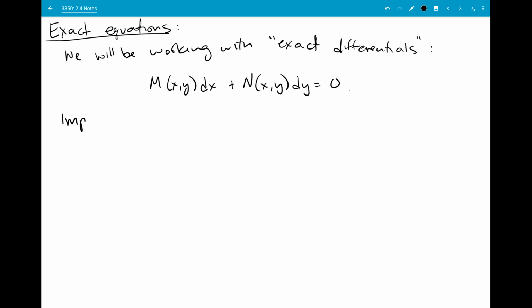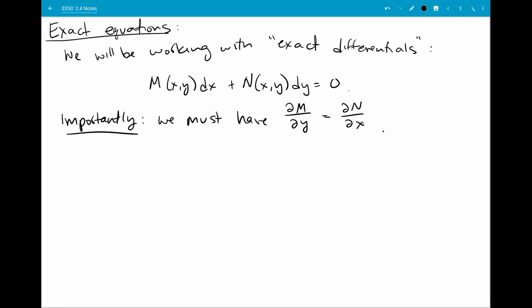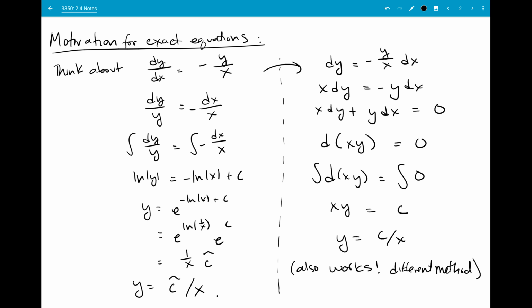What makes these exact is that we must have the partial derivative of M with respect to y equal to the partial derivative of N with respect to x. And real quick, let's talk about the equation that we worked with right here.